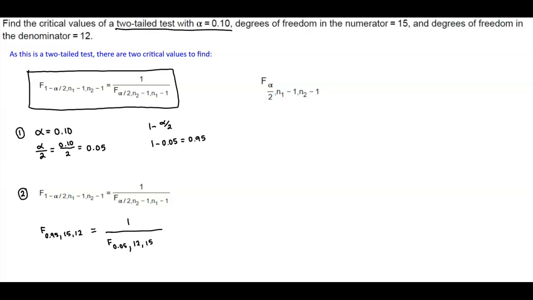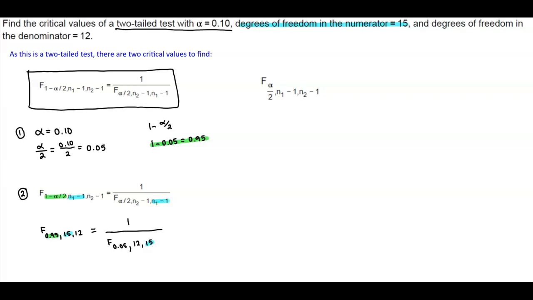So let's review that again. What do we know? Here, 1 minus alpha divided by 2 is 0.95. And n1 minus 1 is the degrees of freedom in the numerator, which is 15, and that ends up changing and being the last one here, 15.